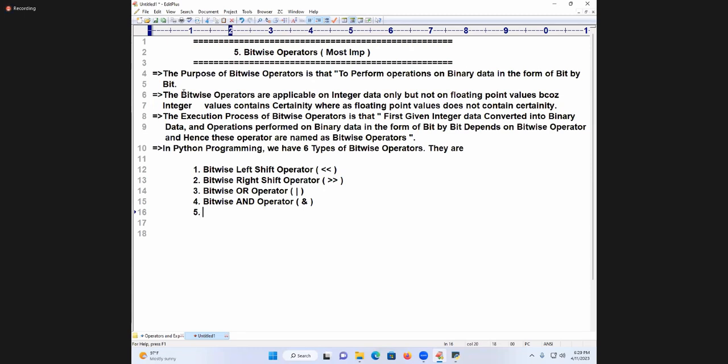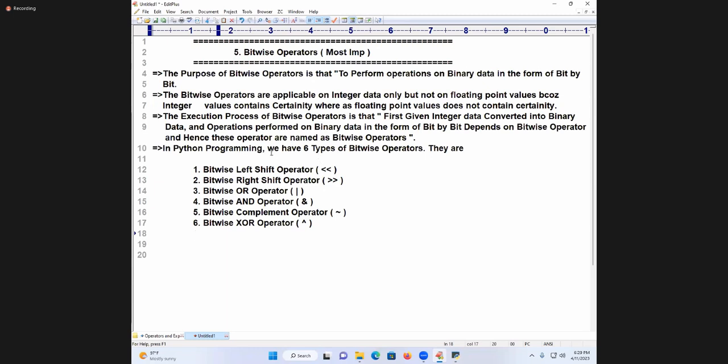So the fifth one is called what? Bitwise complement operator. I'll use the symbol called tilde. The sixth one is called what? Bitwise XOR operator. These are called what?